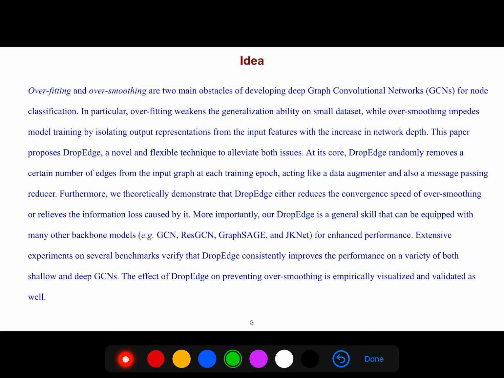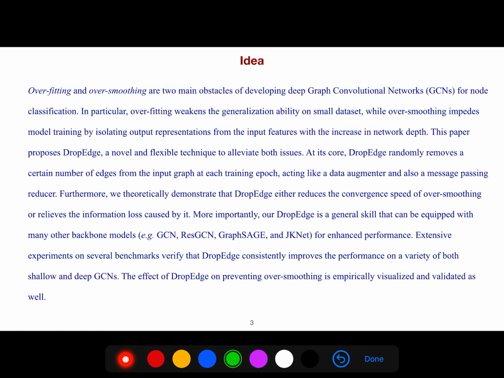At its core, DropEdge randomly removes a certain number of edges from the input graph at each training epoch, acting like a data augmenter and also a message passing reducer.